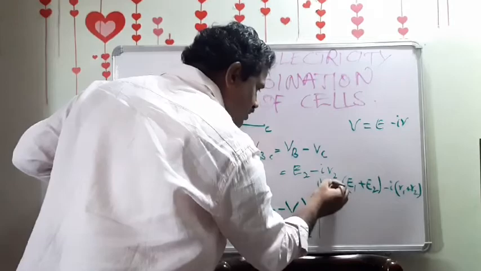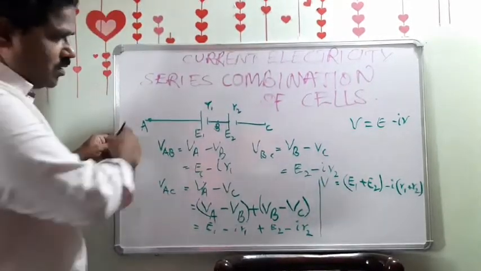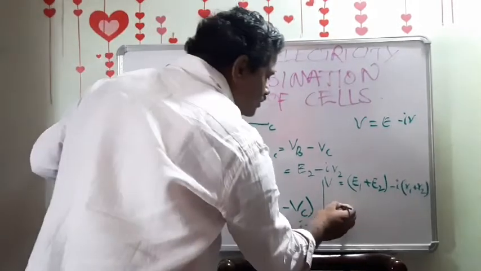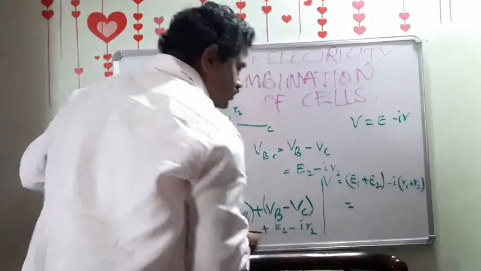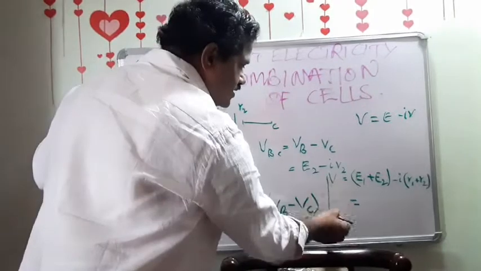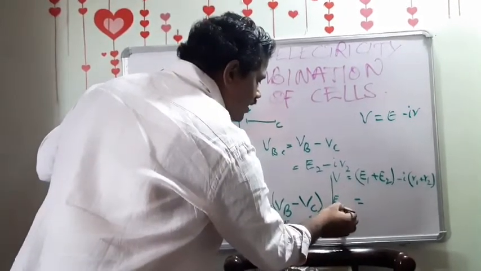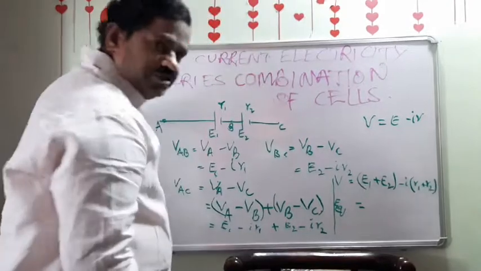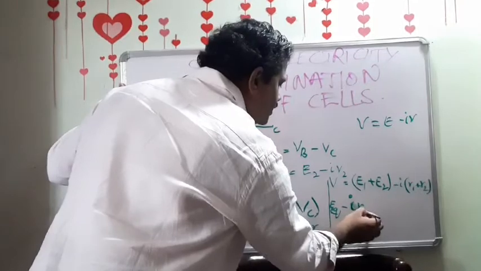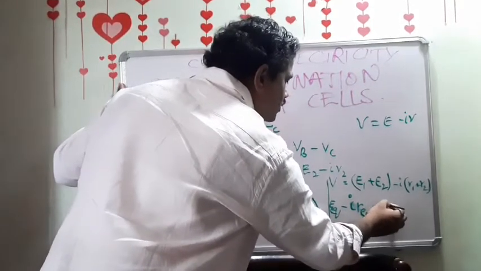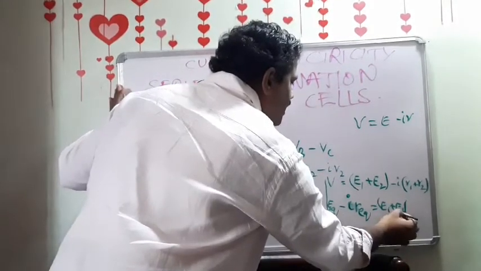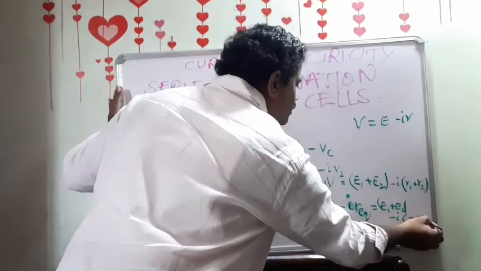This is VAC, that is the total potential difference between A and C. In the form of this, we can write it as EEQ, equivalent EMF, minus I REQ, is equal to E1 plus E2 minus I of R1 plus R2.